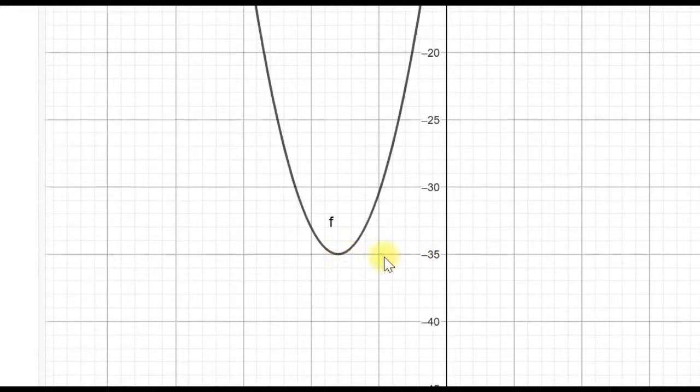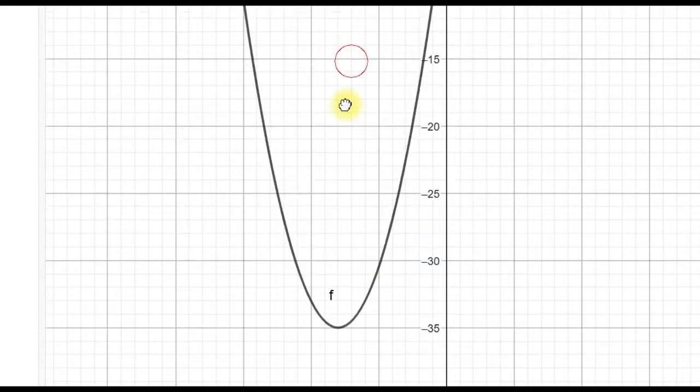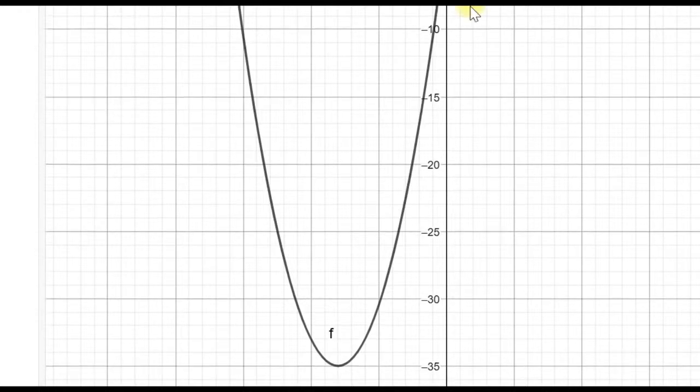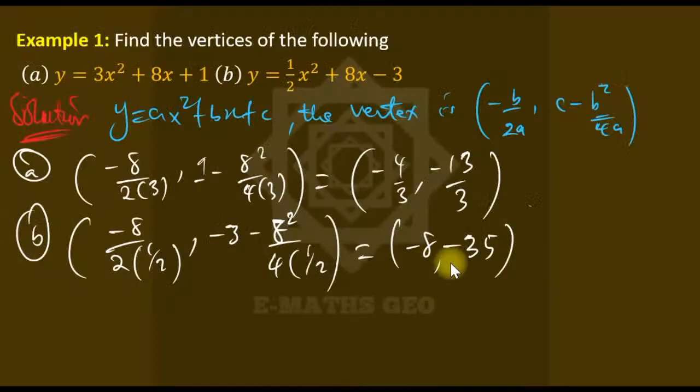Our k is minus 35. Why the x value? It's half of that. Check. Between this and this, each of them does 5, 6, 7, 8, 9. So it should be minus 8. I think it's minus 8. Let's check. You see? So we are correct.